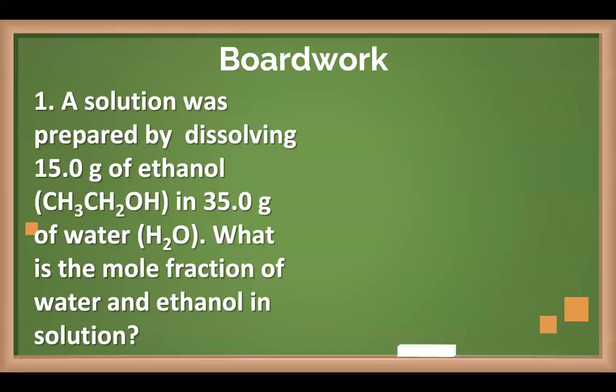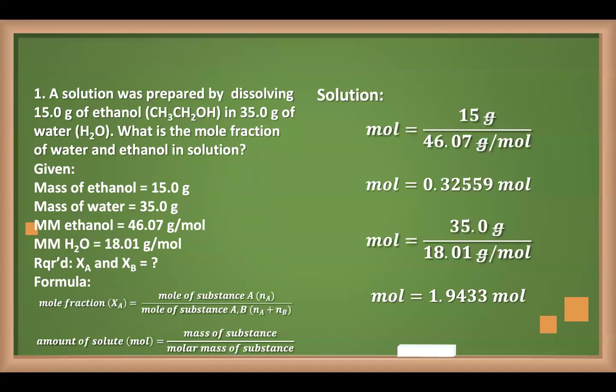All right, now you pause this video and try to solve problem number 1. And the final answer here is, let's see. All right. So in this problem, we need to get both the mole fraction of water and ethanol in the solution. So we just have to do the step-by-step process that we did on the first problem.